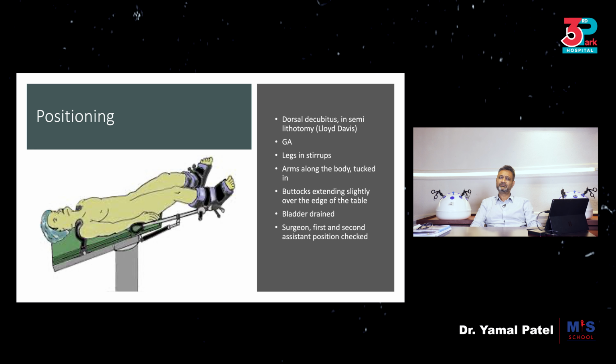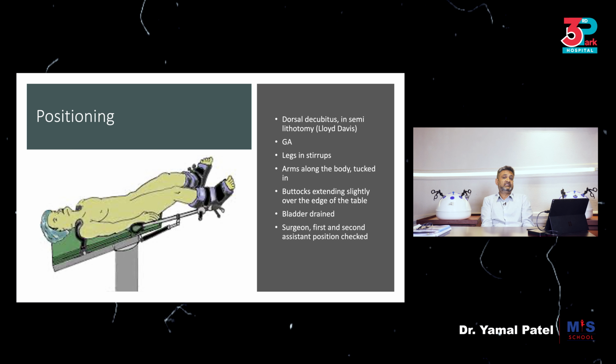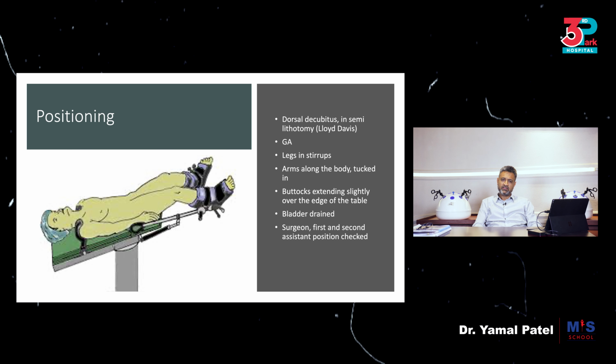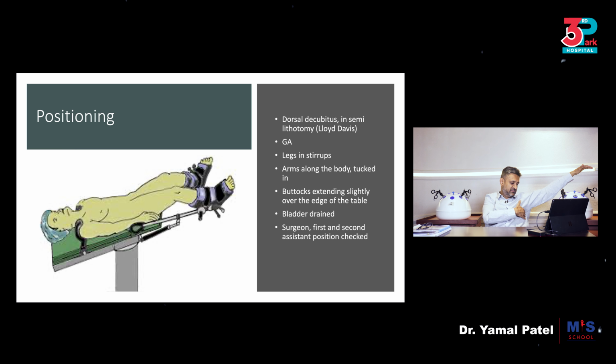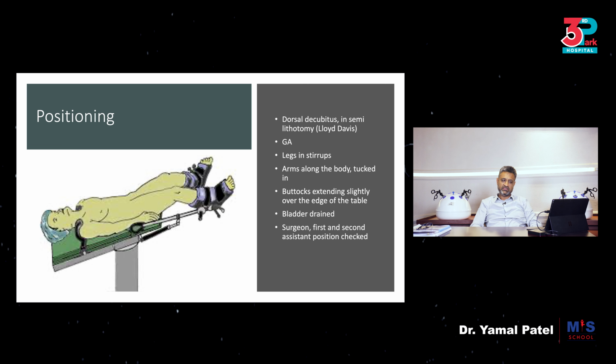It should ideally be done under general anesthesia, with the legs in the stirrups, arms along the side of the body, not out on the sides this way, but tucked in, because if the surgeon stands here, he's going to require it to be extended, and that can cause nerve injuries to the patient.